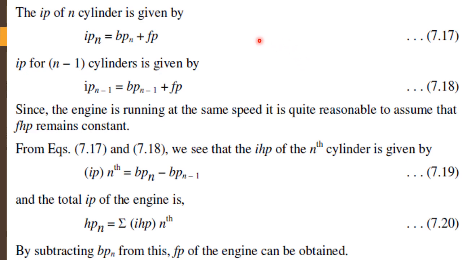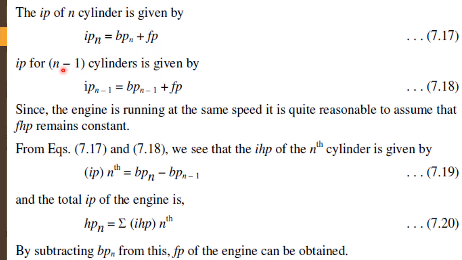So initially output is available for the second, third and fourth cylinders, then cylinders 1, 3, 4, then 1, 2, 4, and then 1, 2, 3. So you can see the same thing is mentioned here. The indicated power of n cylinders is given by IPn, that is equal to BPn plus friction power.